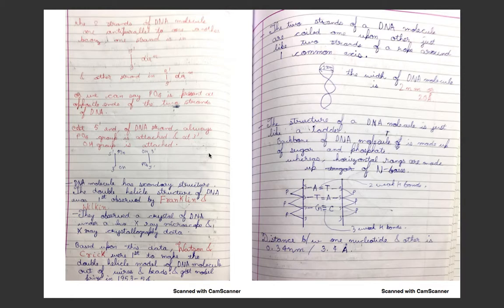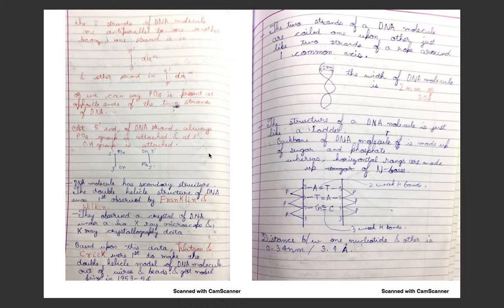The structure of a DNA molecule is just like a ladder. The backbone of the DNA molecule is made up of sugar and phosphate, whereas the horizontal rungs, that is the connection between these two strands, are made up of nitrogenous bases. What are these nitrogenous bases? These nitrogenous bases are adenine, thymine, guanine, and cytosine.